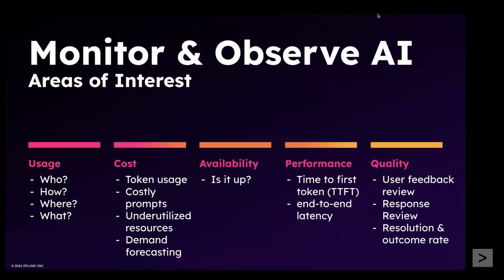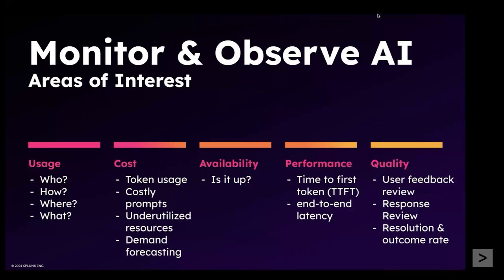What do we mean by usage? What do we mean by cost? What do we mean by availability, performance, etc.? It's these things underneath it, right? So who's using the generative AI applications, and how are they using them, and where are they using them from? If you look at performance, just like when you get on ChatGPT and you type your prompt and you hit go, it takes a moment before the system returns the first word.